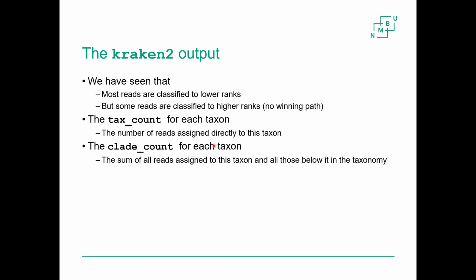So the numbers get bigger and bigger the higher you get up in the taxonomy. So actually the clade count for the root is the total number of reads in the whole sample. All the reads that have been classified end up at the root in this column. But this column is what is classified uniquely to each taxon itself.